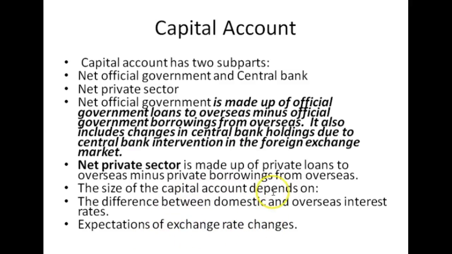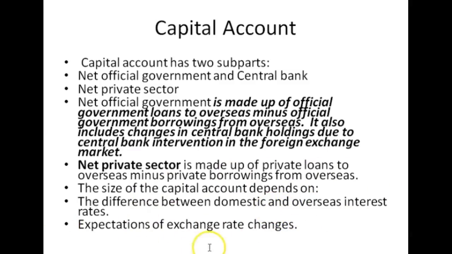So the size of the capital account depends on the difference between the domestic and overseas interest rate. Why is that? When the real interest rate is higher in a domestic country, it will create a lot of capital inflow because our financial asset will be paying higher interest.